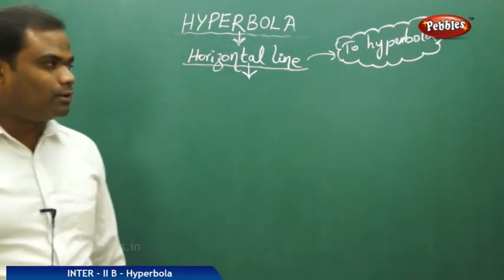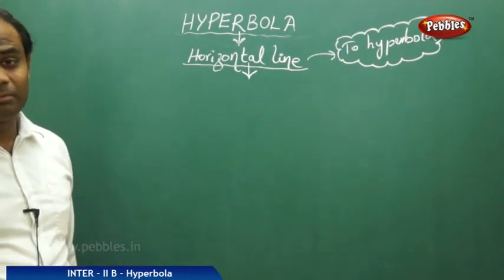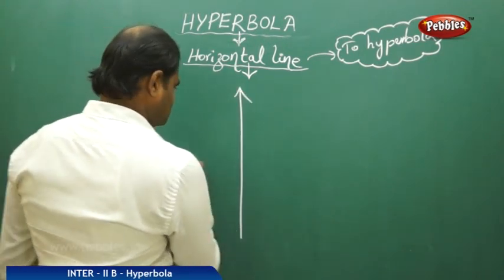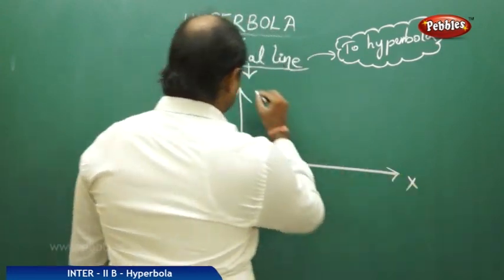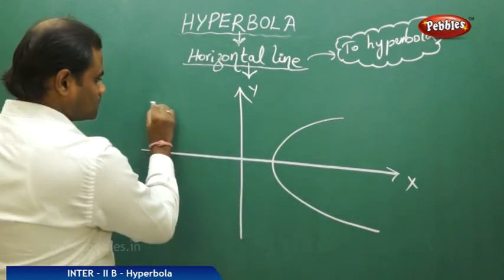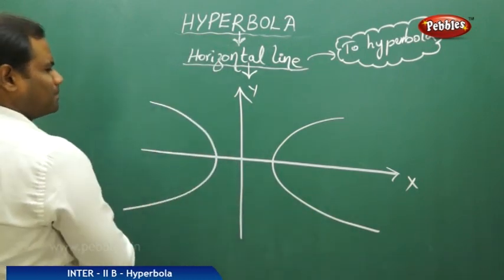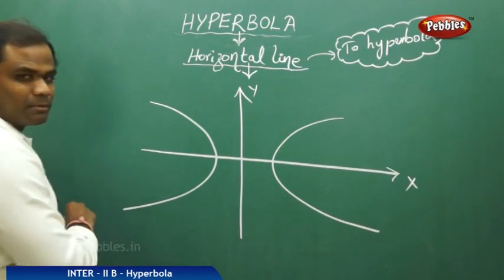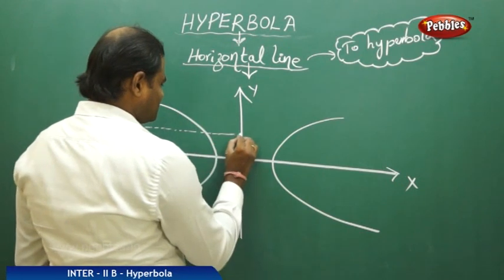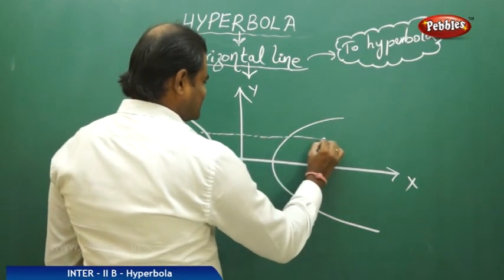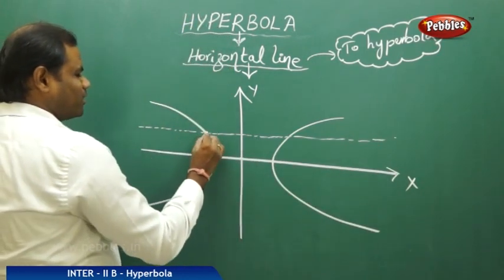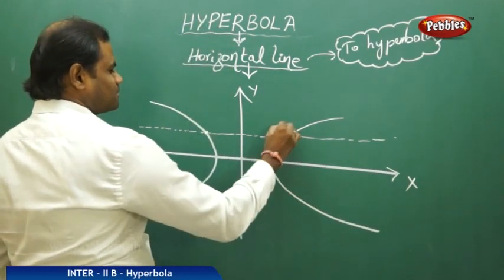Let's see what is the role of a horizontal line to the hyperbola. As we see here, I clearly see that for this hyperbola, if I draw a horizontal line parallel to the x-axis, then that cuts the hyperbola at 2 points, this and this.